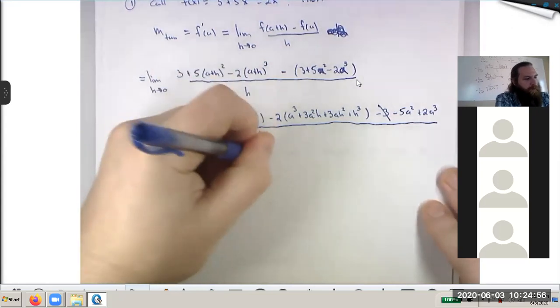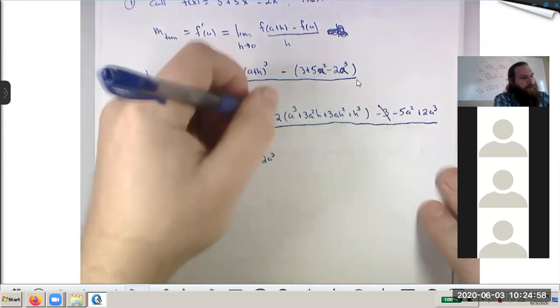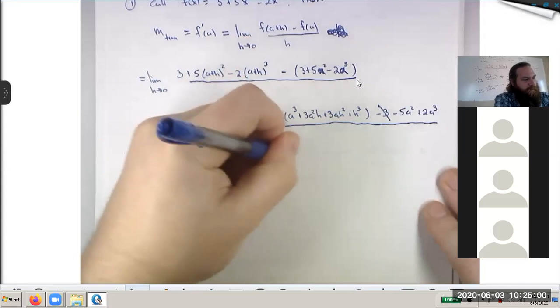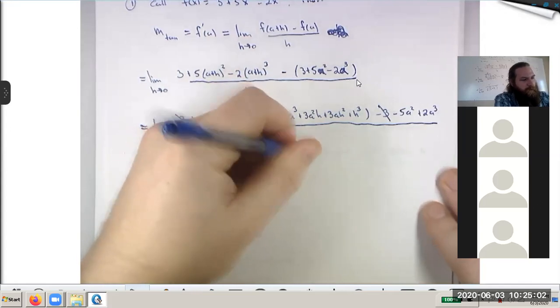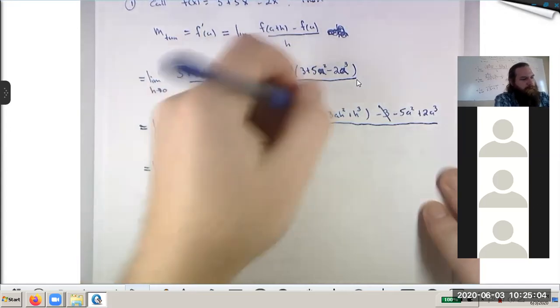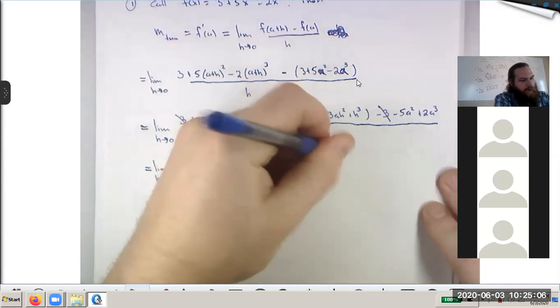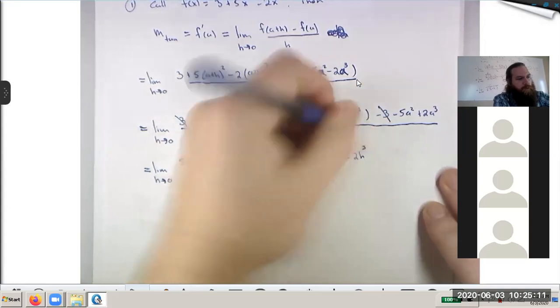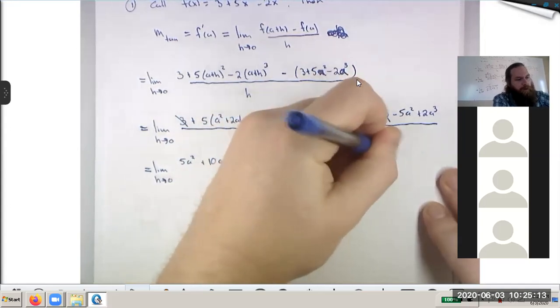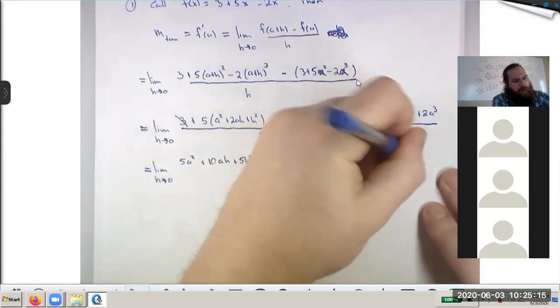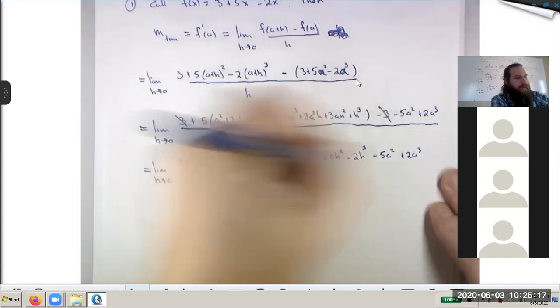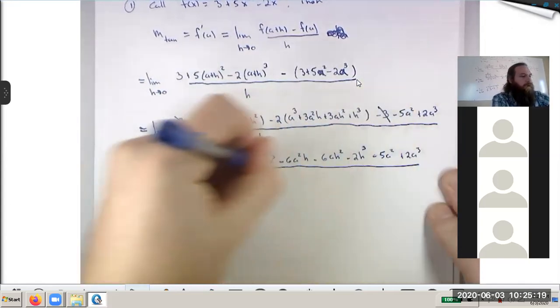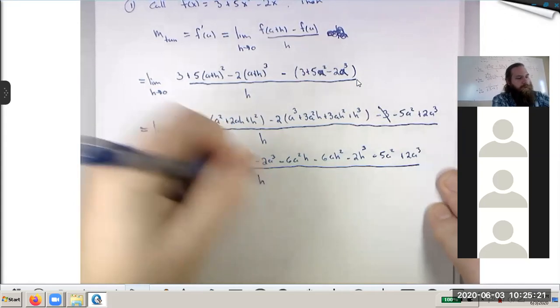Then here I'll have minus 2a cubed minus 6a squared h minus 6ah squared minus 2h cubed. And then I've got the minus 5a squared plus 2a cubed all over h.